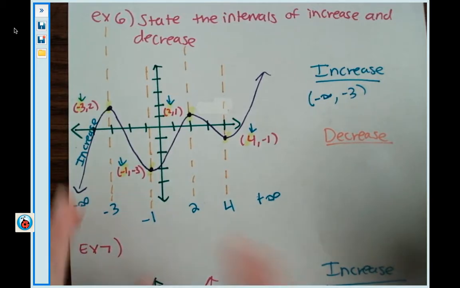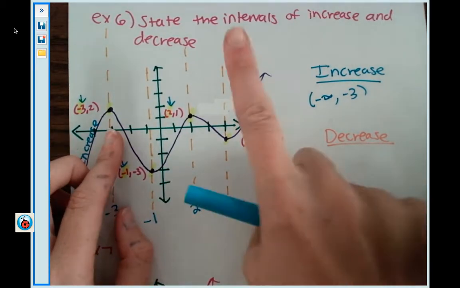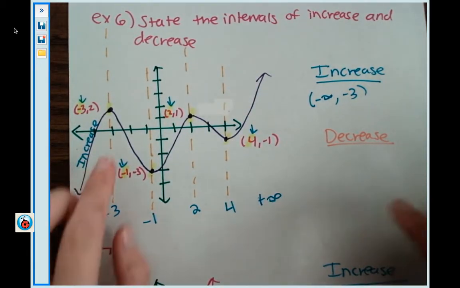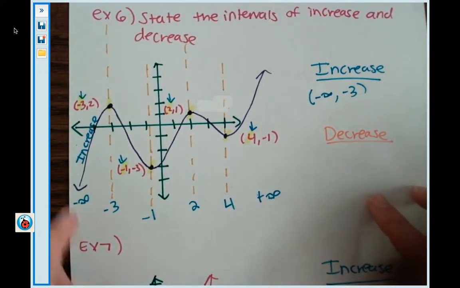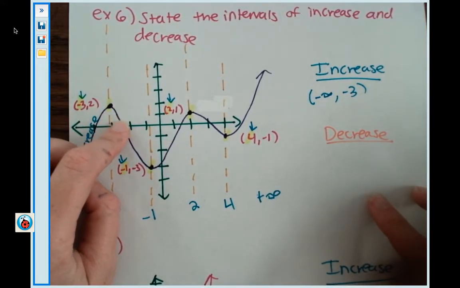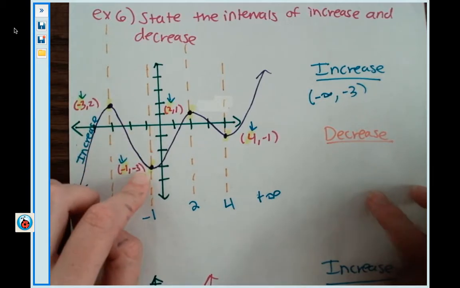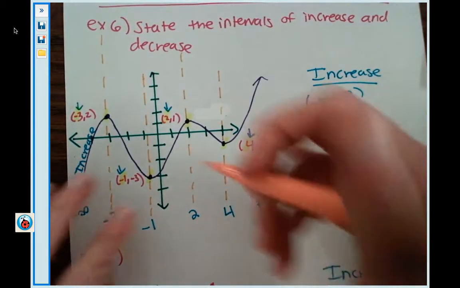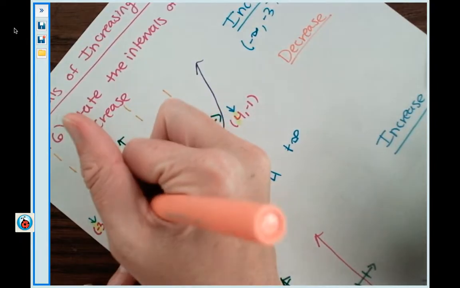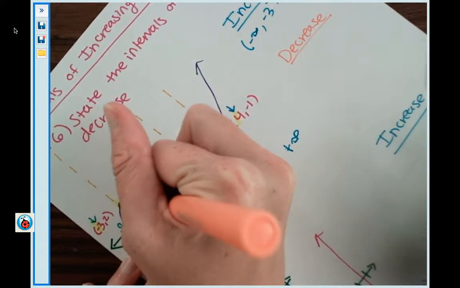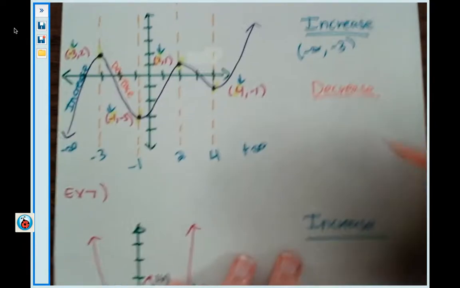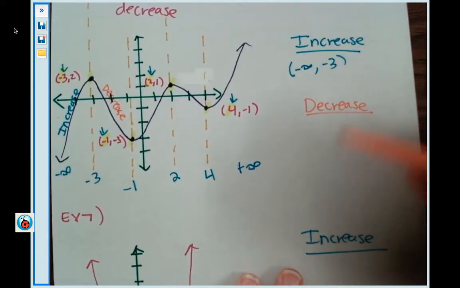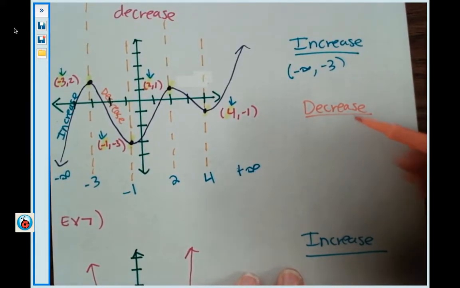Okay, all right, guys, let's look at this next section. First of all, I need to determine if this is an interval of increase or decrease. Well, when I trace with my hand from left to right, I am headed downhill. So guess what, you guys? It's a decrease. So I'm going to be writing my answer in the decrease section.